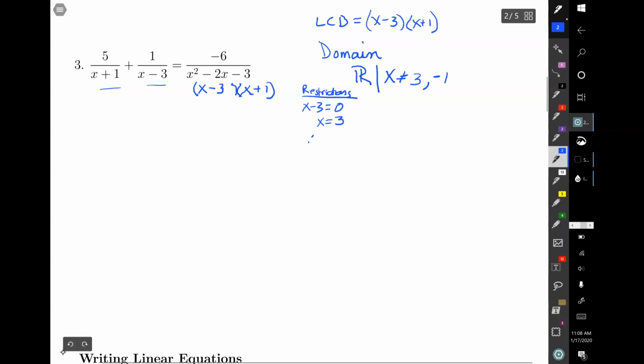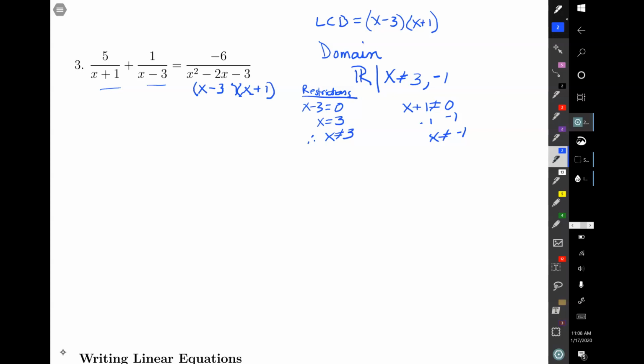So that means really x cannot equal 3. So sometimes people like to write it as a little shortcut. You could write x plus 1 should not equal 0, right? And then solve out x not equal to -1. So we know if we get one of those answers, then we can't use it.